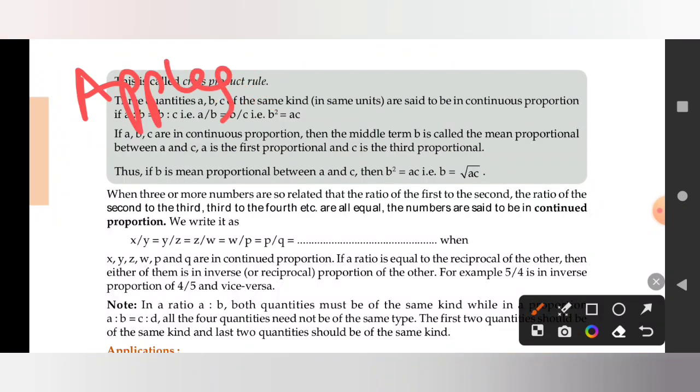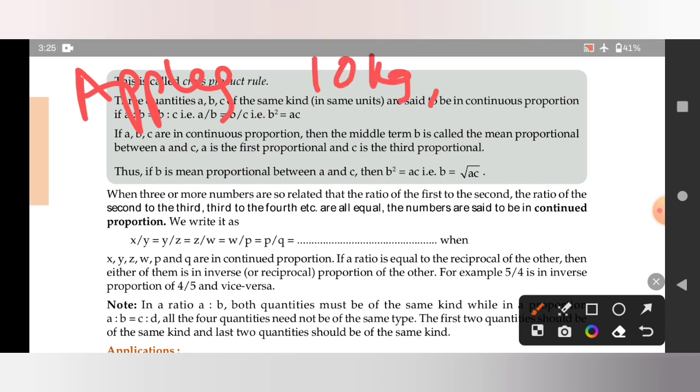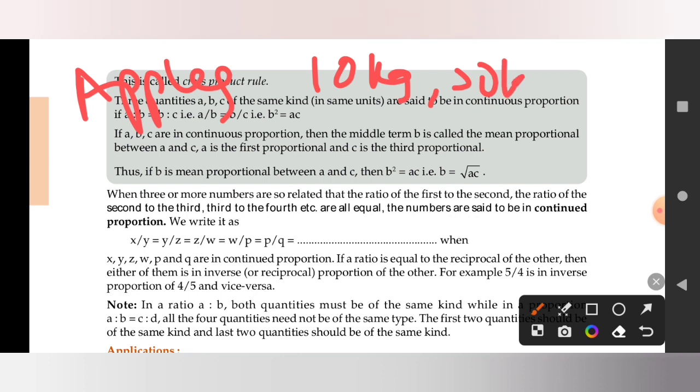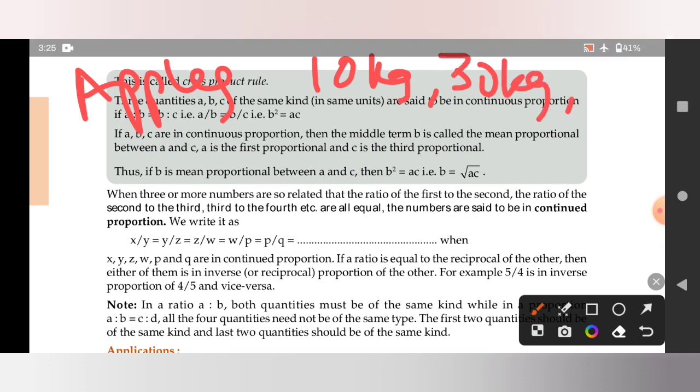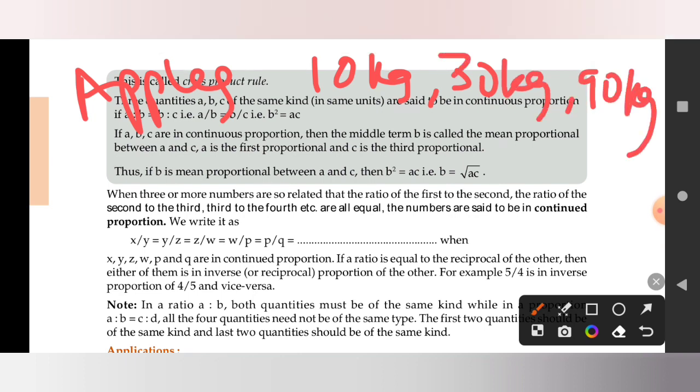Suppose there are 10 kgs of apples, 30 kgs of apples, and 90 kgs of apples. So three quantities are said to be in continuous proportion if A is to B is equal to B is to C.